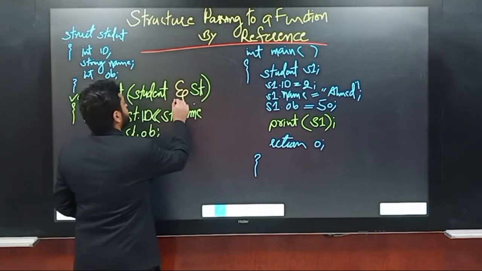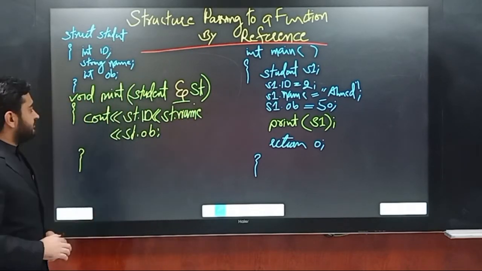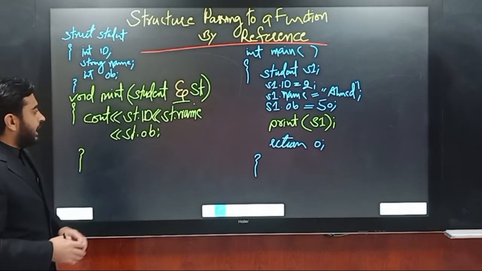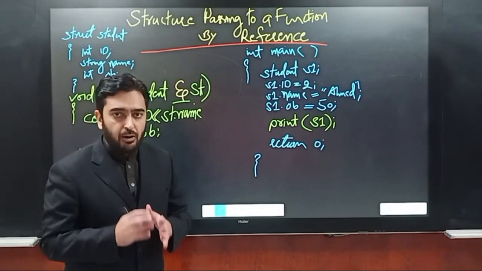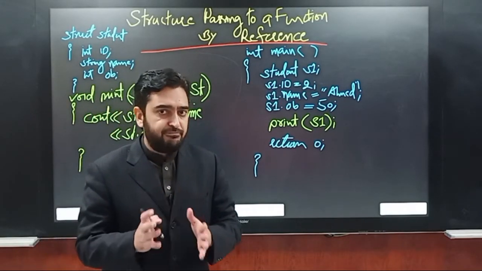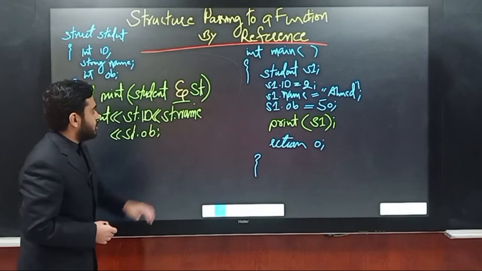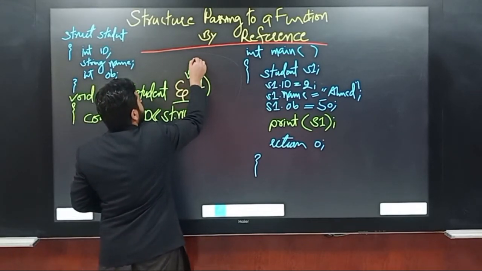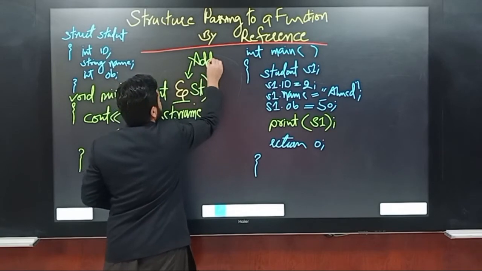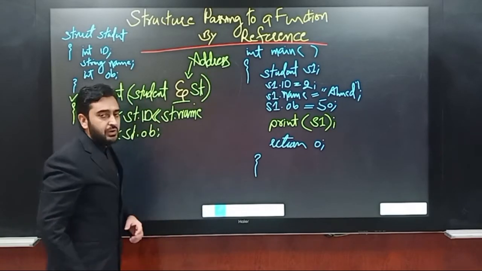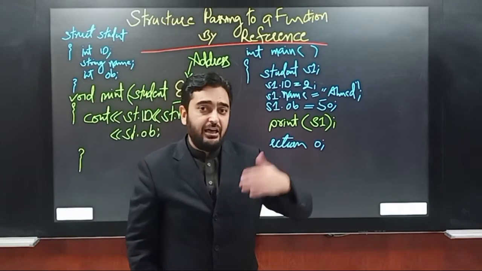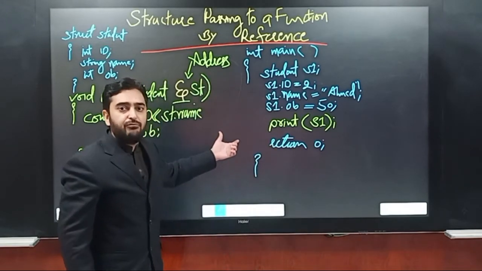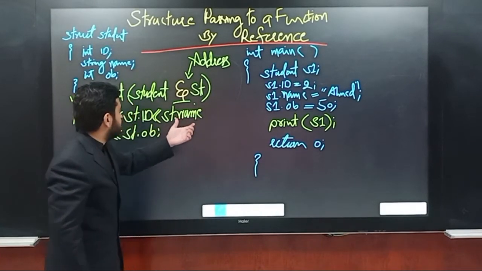Here you can see we have coded the reference operator in the prefix of the variable. What does it mean? It means that this will receive the address of another similar type variable. What does similar type mean?